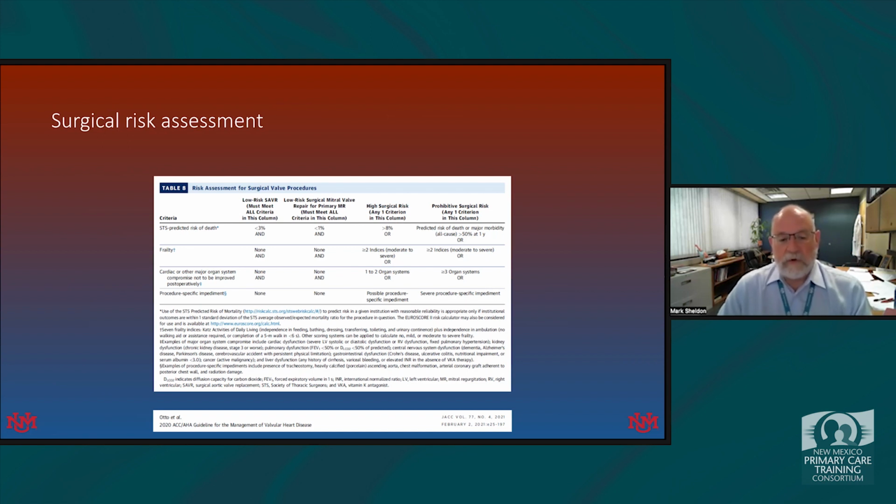So anything with a greater than 8% risk of death is considered high risk. Less than 1% would be low risk, and in between is intermediate risk. But frailty, other disease, sometimes there may be specific things about the anatomy of the patient that may favor one or the other. But that's just an example of how those things are looked at.